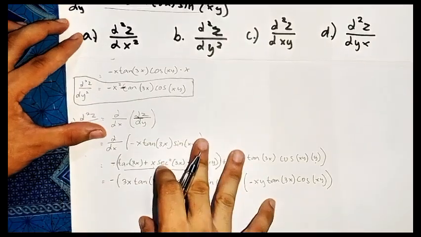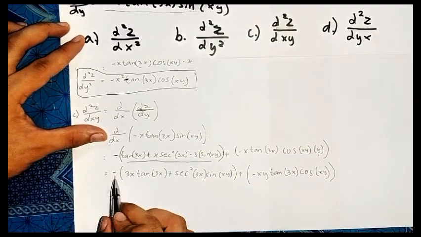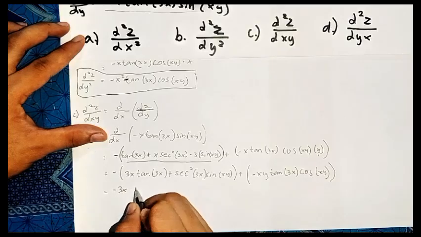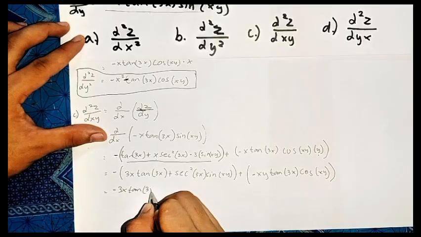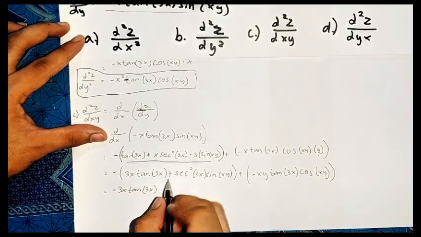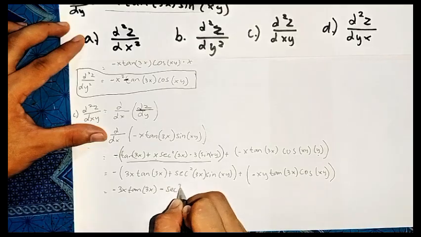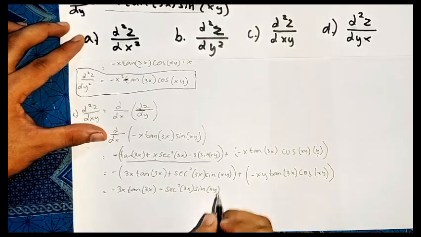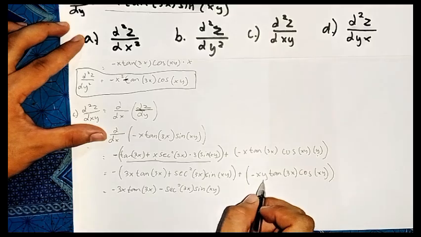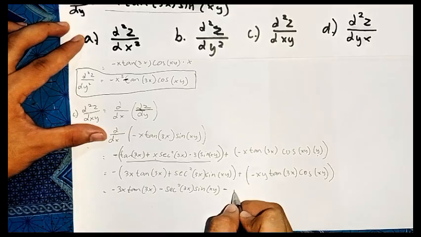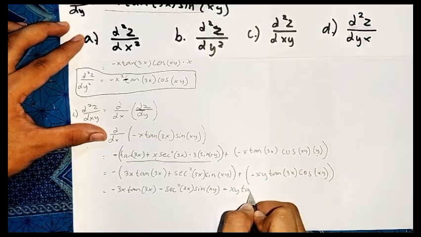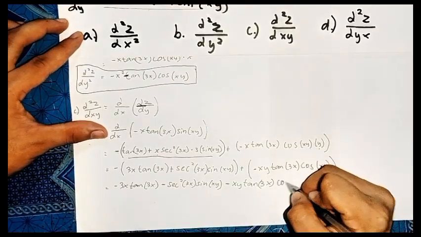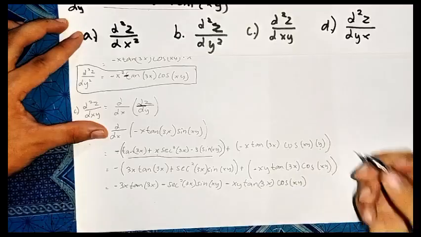Let's simplify again. Distribute the negative sign here. So this becomes negative 3x secant squared 3x sine xy. Negative times positive is negative. Then positive times negative gives negative xy tan 3x cosine xy.